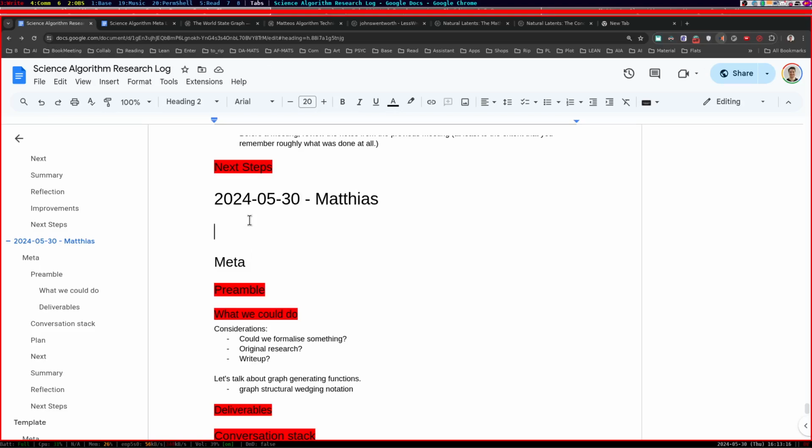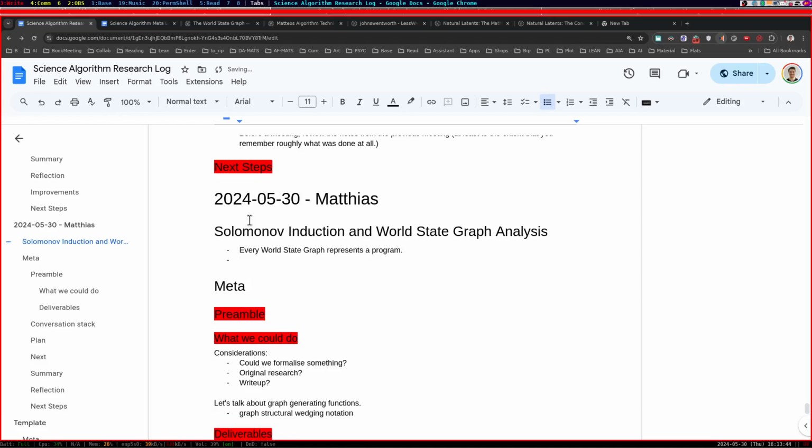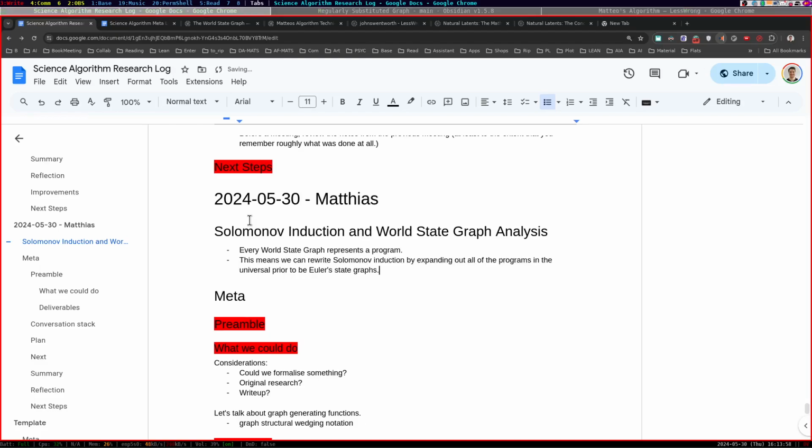Solomonoff induction and world state graph analysis. So the thing is that every world state graph represents a program. This means we can rewrite Solomonoff induction by expanding out all of the programs in the universal prior to be world state graphs. Note that this is not practical, of course, because they are probably almost all infinite.